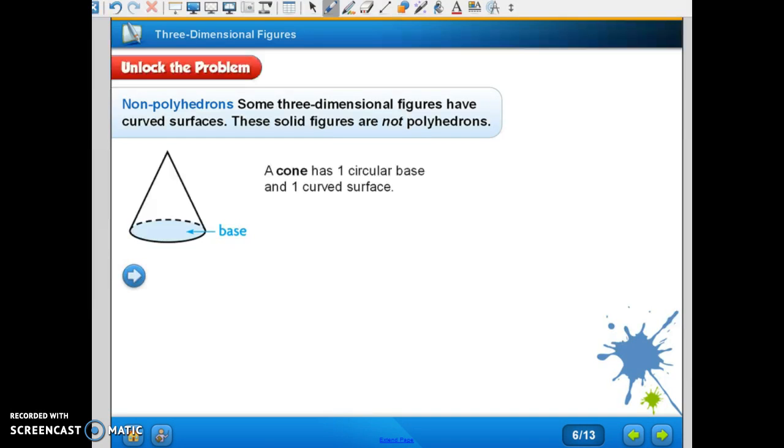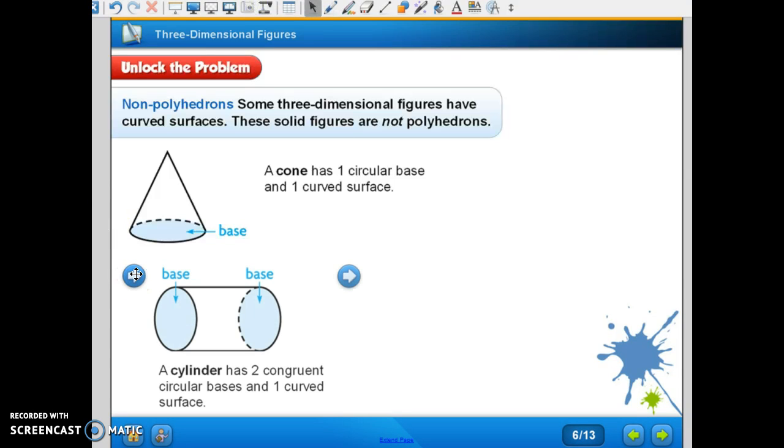Non-polyhedrons. Some three-dimensional figures have curved surfaces. These solid figures are not polyhedrons. So if it's got a circular base, it is not a polyhedron. A cylinder has two congruent circular bases and one curved surface.